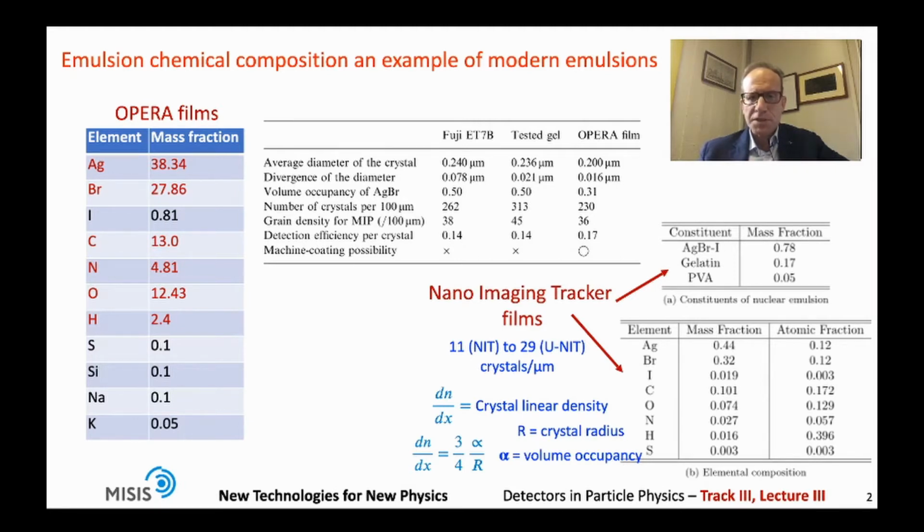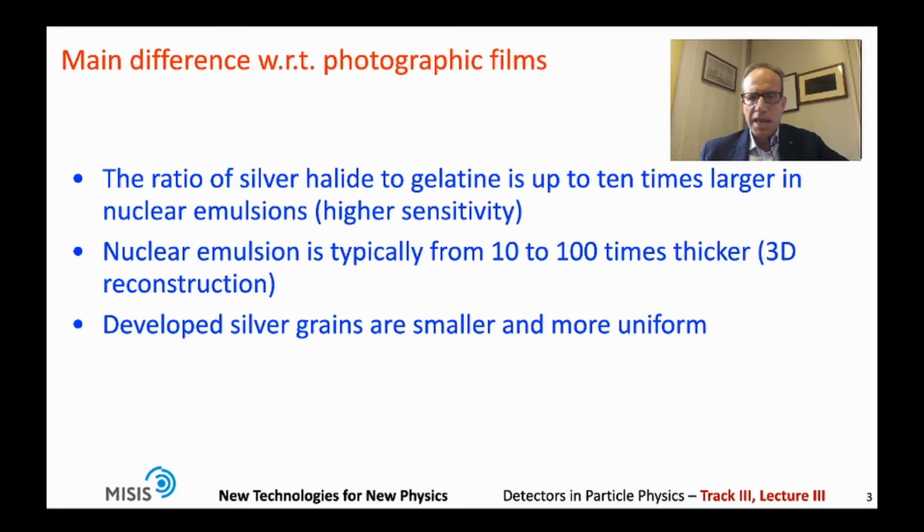Let me first say what is the main difference with respect to photographic films. Indeed, the main difference is that the ratio of silver halide to gelatin is up to 10 times larger than in photographic film. So this corresponds to a higher sensitivity.